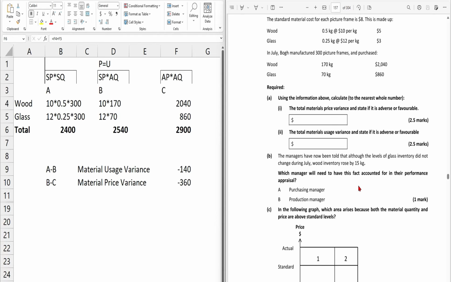The question is asking, if the inventory of wood has increased and glass has not, which manager's performance appraisal will this affect? As glass inventory is not increasing but wood inventory is increasing by 15 kg during July, that means more wood was bought as compared to what has been used in production.